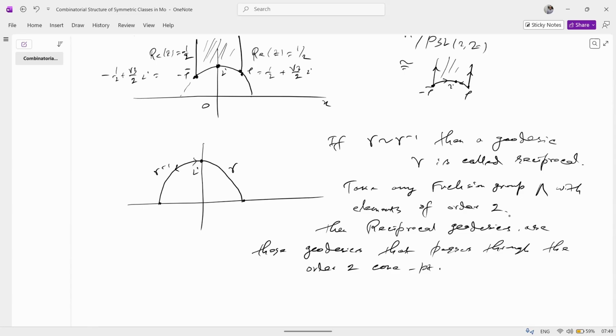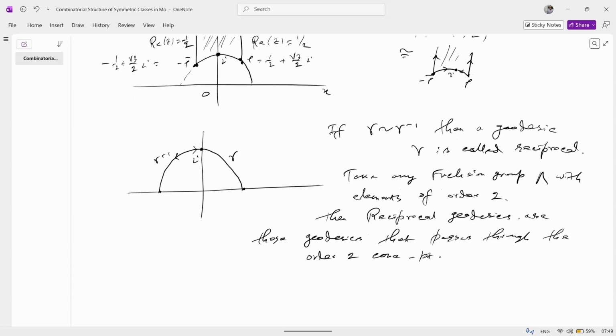So reciprocal geodesics appear in different contexts, but this also has a very much group theoretic interpretation. And that's what actually we started with. So we started with the group theoretic interpretation and then realized that they represent the reciprocal geodesics.